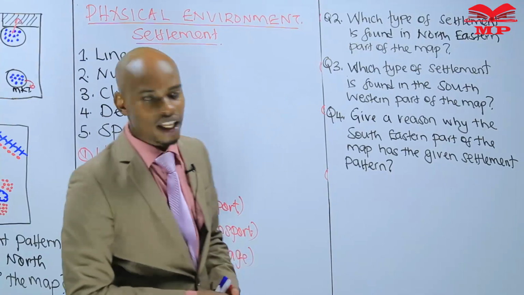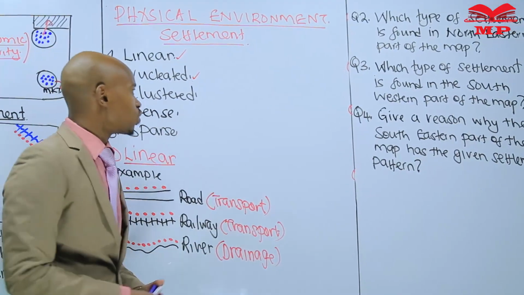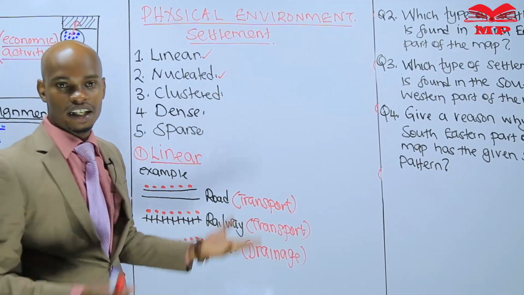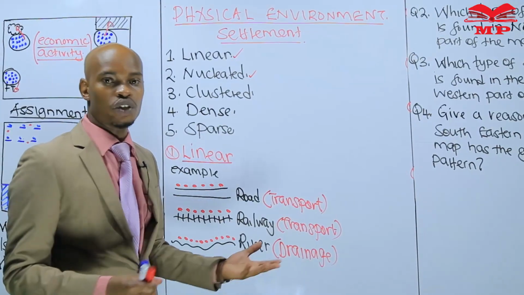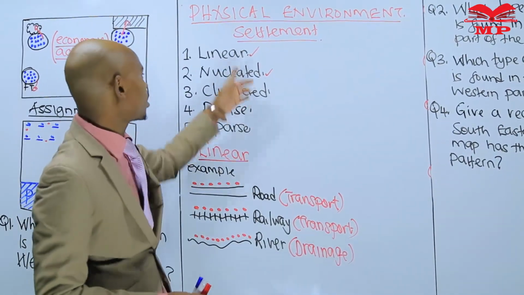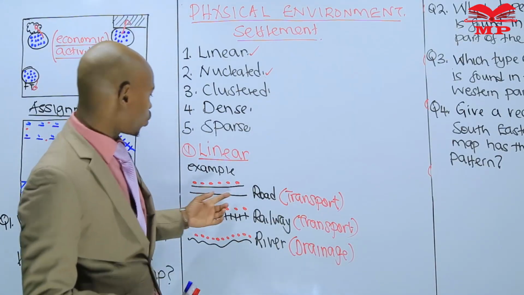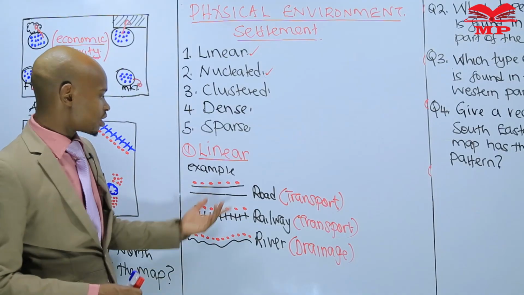So that is that for today's session. Maybe to remind you of what we have said, today we were looking at settlement. In a given area, there must be people living in that area. Which patterns do they assume? We have talked about linear. Number 1, linear. They follow a line. I have given a very good example here.